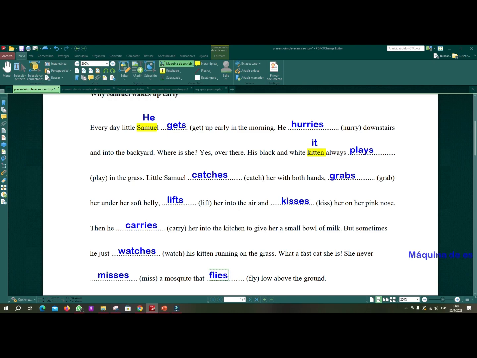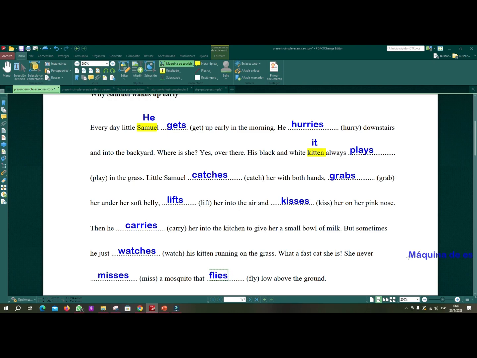His kitten food on the gas wet, but she never is a mosquito, tail with low above the ground.